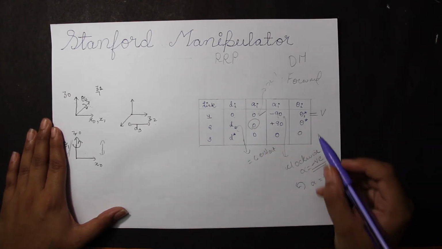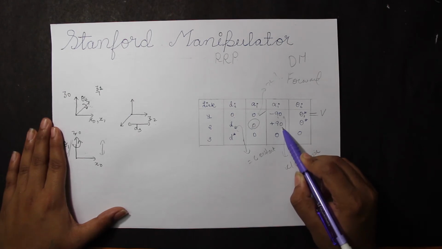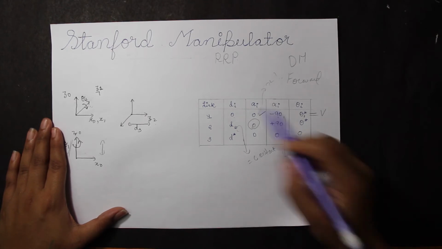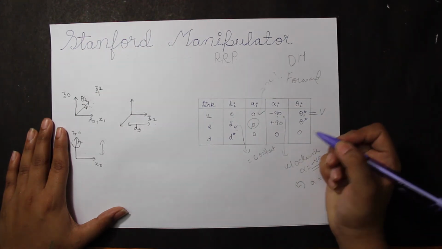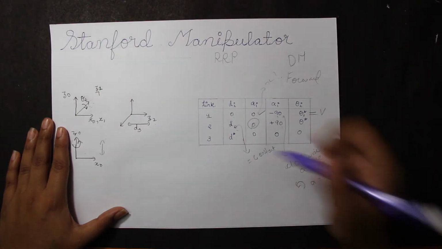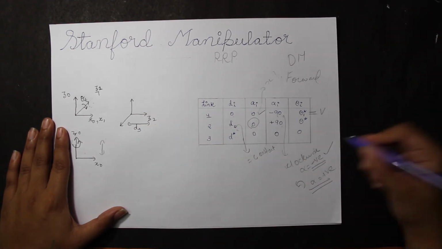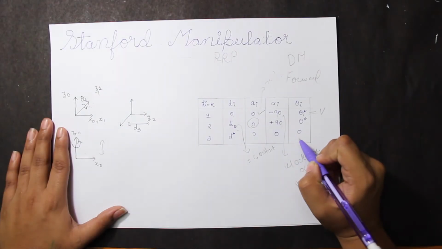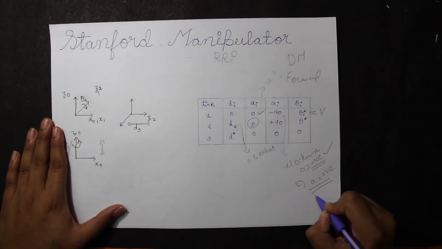Now let's look at the value of alpha, that is, the link twist. As I mentioned above, we check how much the next frame Z2 has rotated with respect to the original frame. If it's rotated clockwise, it will be minus. If it's rotated anti-clockwise, it will be plus. So here, the rotation of Z2 with respect to Z1 is in the anti-clockwise direction, which will make our alpha value positive 90.